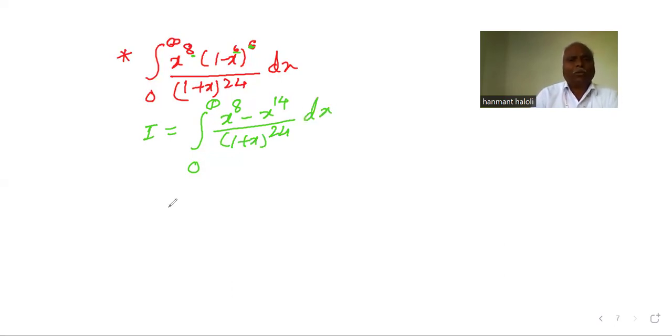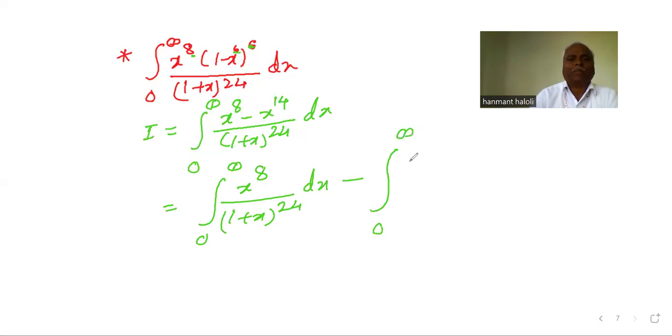Now here you get two different integrals, split into two integral forms. Integral 0 to infinity x raised to 8 upon 1 plus x raised to 24. This is one integral. Second integral, with a minus sign, integral 0 to infinity x raised to 14 divided by 1 plus x raised to 24 dx.